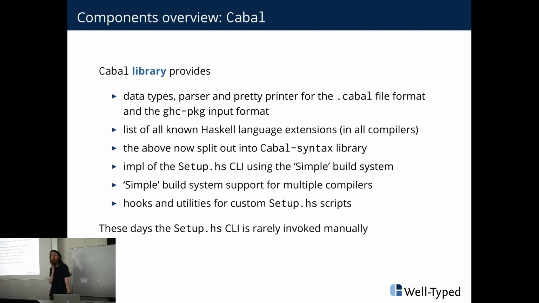It actually also has a registry of all the Haskell extensions, which again is an artifact of the early days. There were multiple compilers, and each compiler had their own set of language extensions, and we wanted to be able to declare in Cabal files what language extensions you were using, and those wanted to be shared between compilers when they could be. You don't want to have to declare that my package works with this compiler, with that compiler.